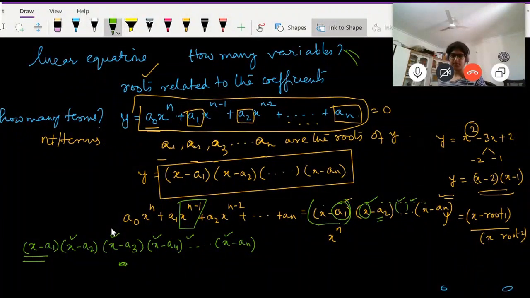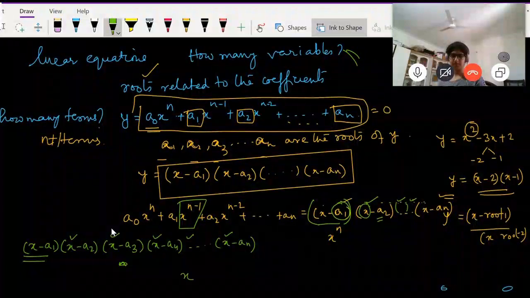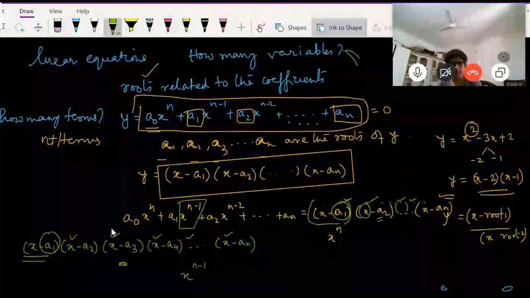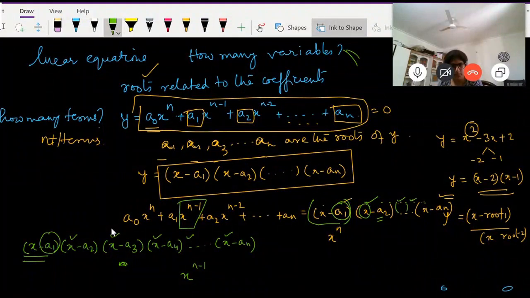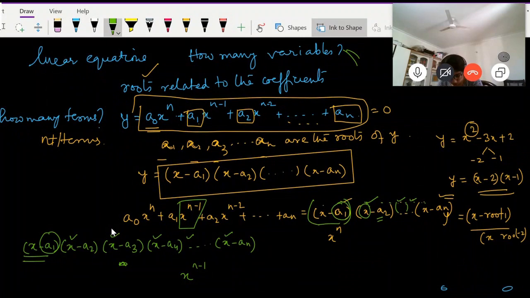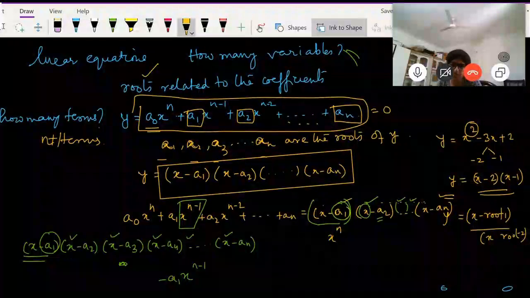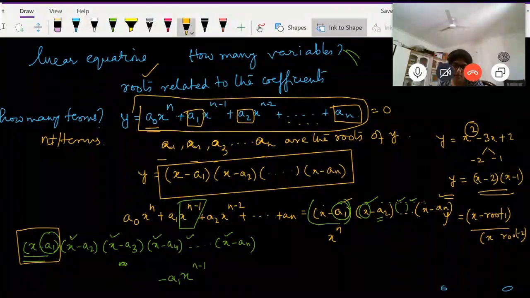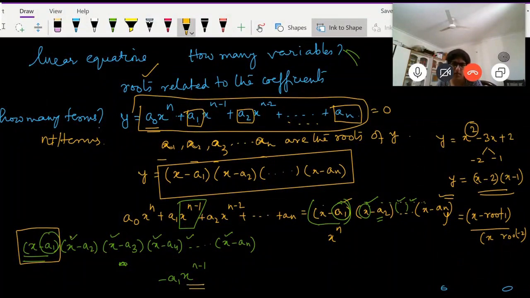So if I multiply the x of the other terms, I will have x to the power n minus 1, right? And with that, I will multiply the constant term of the first term, right? So what I'm doing is I am just taking this term out and I'm multiplying the x terms of all the other terms. So that will give me x to the power n minus 1.